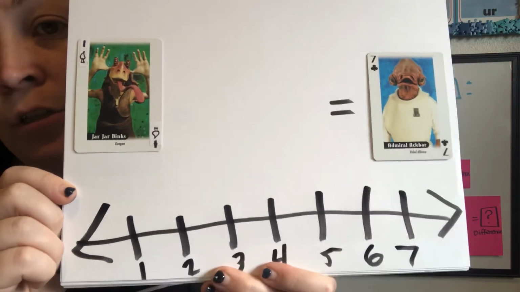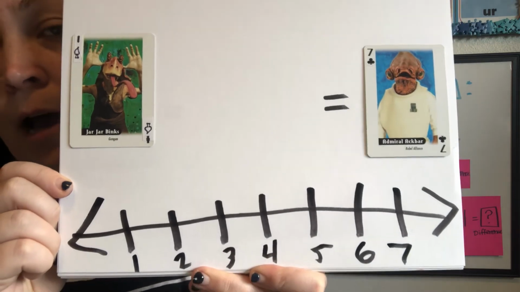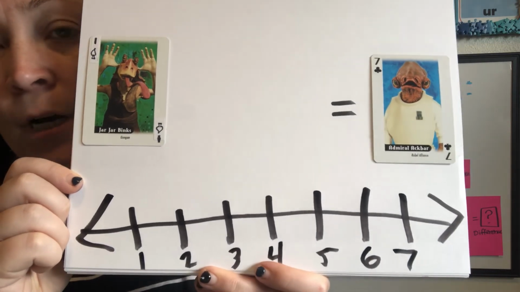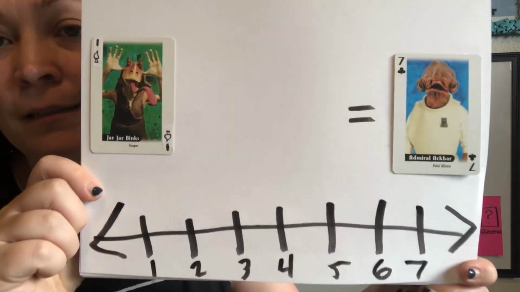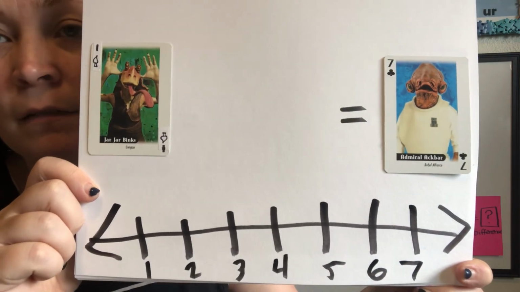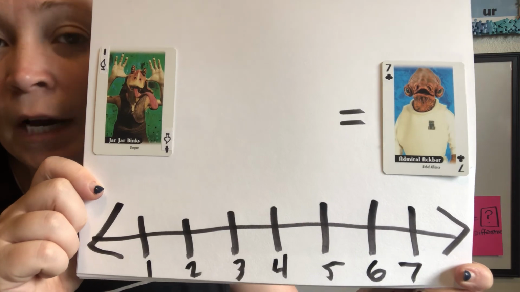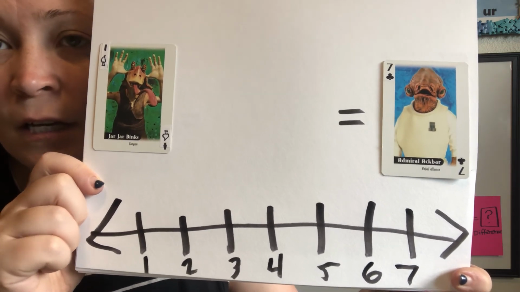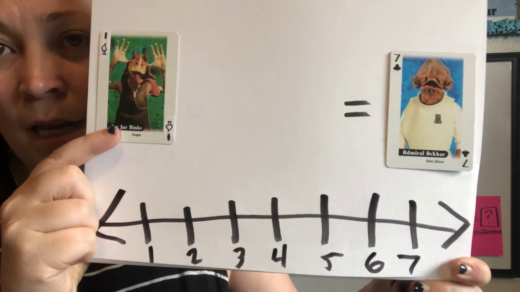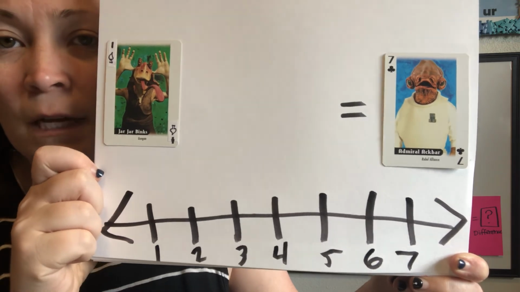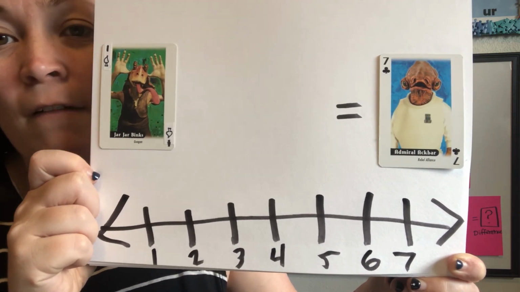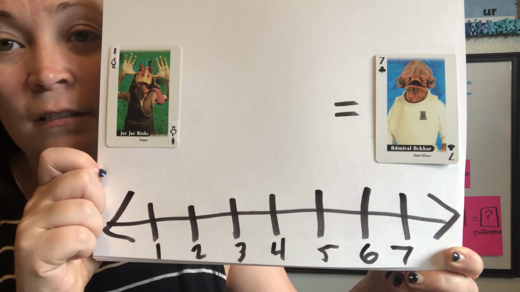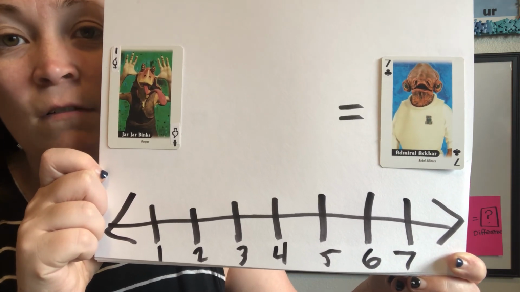And we're getting to Admiral Ackbar, number 7. So we're starting at 1, we're going to 7. So pause the video, try your best. You don't have to draw the cards, but just write the numbers. And you need to write the symbol and the change to have a true equation. So pause the video here and try this out.